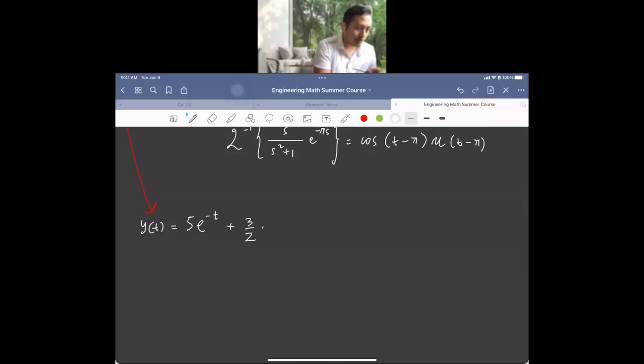And then plus 3 over 2 e to the negative (t minus pi) times Heaviside (t minus pi), and then negative 3 over 2 sine (t minus pi) Heaviside (t minus pi), and minus 3 over 2 cosine (t minus pi) times Heaviside (t minus pi).